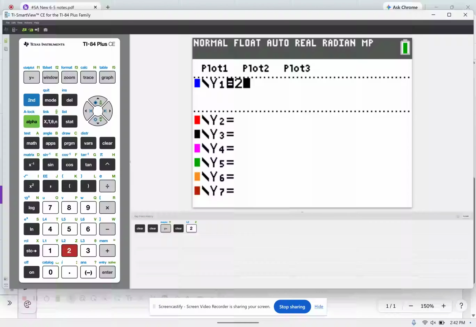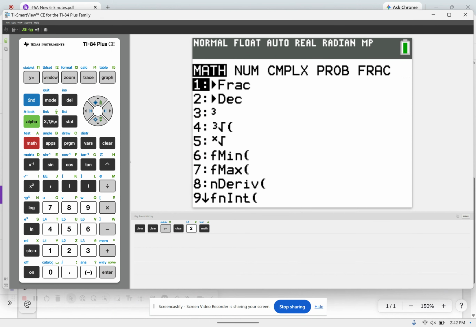Since my base number is not 10, I can't just hit the normal log key on the main screen. I have to hit a different button. You're going to hit the math key, and then scroll down until you get to where it says log base.